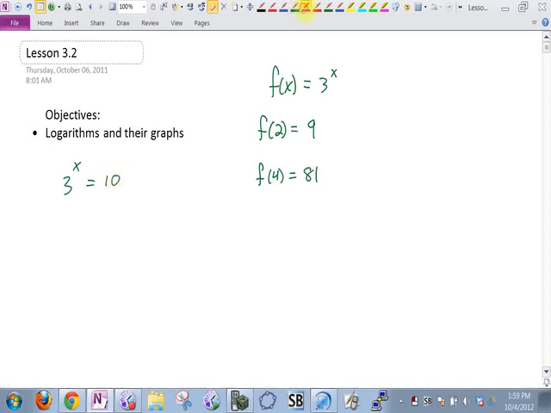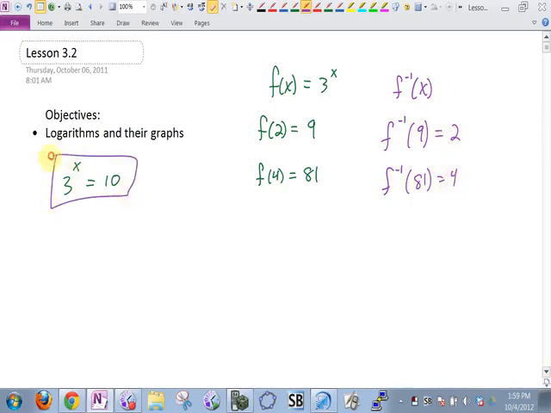But what if I can find the inverse function to the function 3 to the x? Because what kind of things does the inverse function do? Well, what's f inverse of 9? 2. And what's f inverse of 81? So how could I use this inverse function to solve this equation?